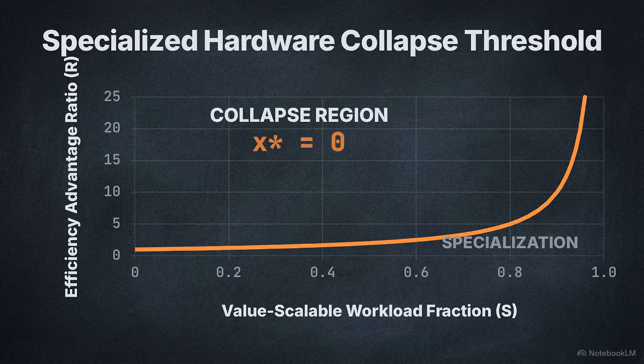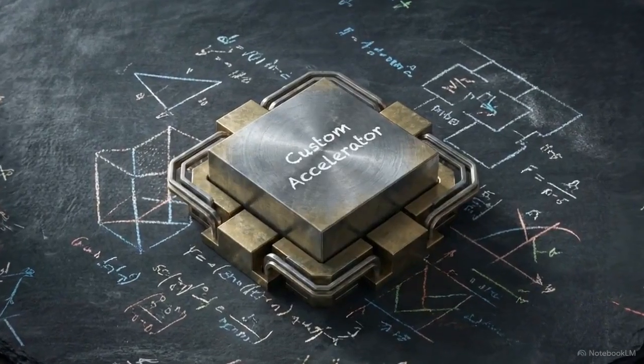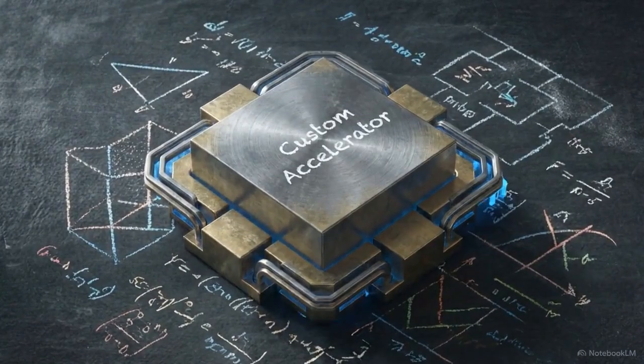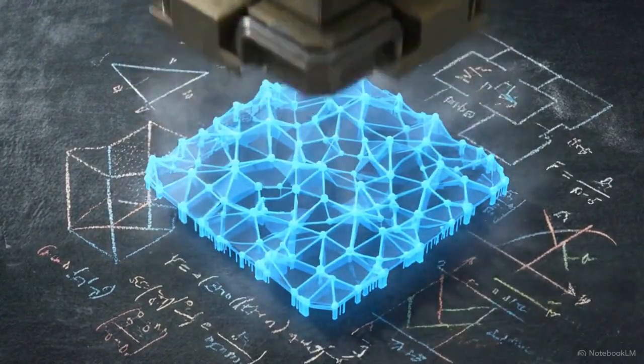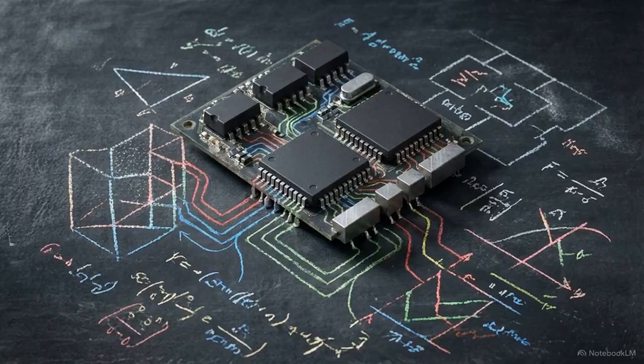The optimal area allocation for specialized hardware falls exactly to 0. The threshold is a finite wall, not an asymptote. As the scalable portion of a task grows, the efficiency bar required for a custom chip spikes so violently that specialization becomes mathematically unjustifiable.